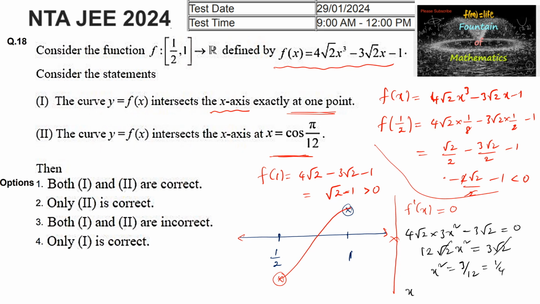So the value of x can be taken as plus or minus 1/2. At x = +1/2, and −1/2 does not exist in the interval. So at x = 1/2 you are getting a negative value, and this is the corner point, and hence we can conclude that the graph compulsorily cuts the x-axis at one and only one point. So statement 1 is true.